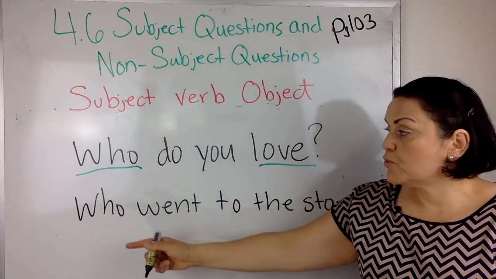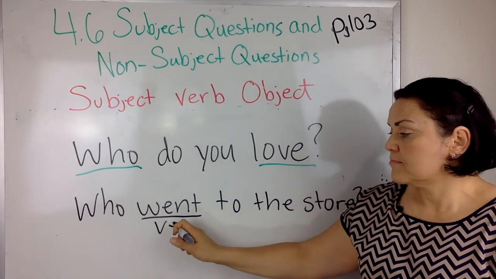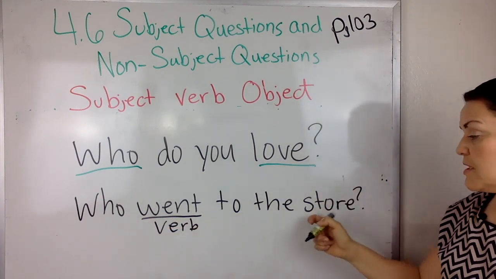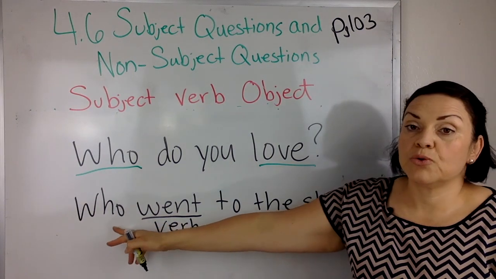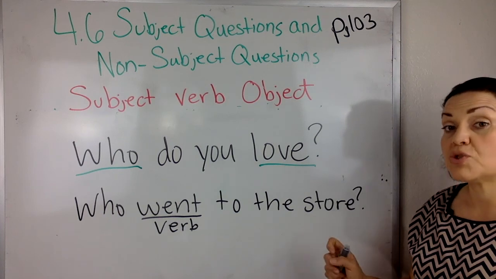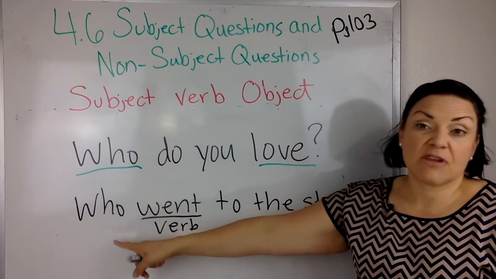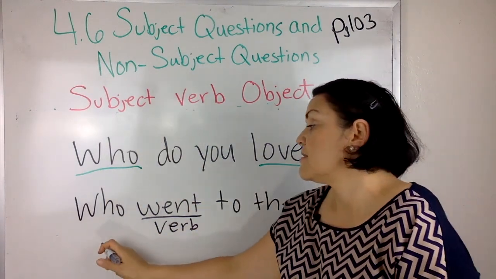So here's who. Here's my verb. Right? Who went to the store? They want to know the who. They don't want to know about the store. So they want to know a name, like Sarah, Tom. So the answer will start with the subject.